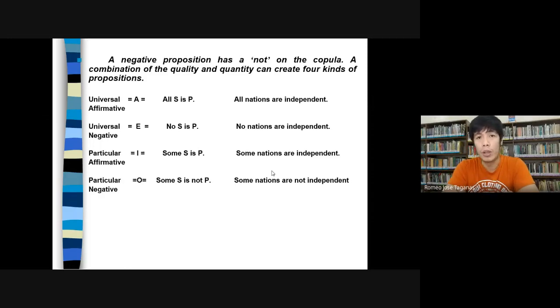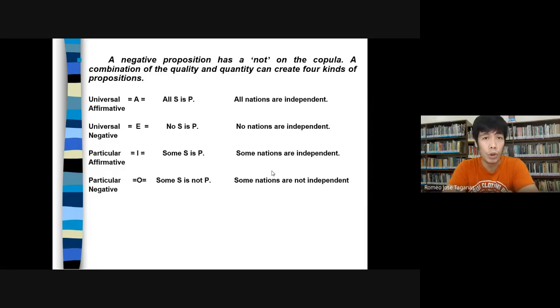Or, just like what you can see, all S is P. S there stands for the subject and P there stands for the predicate. Is is the copula. So there's no no and not in the proposition.